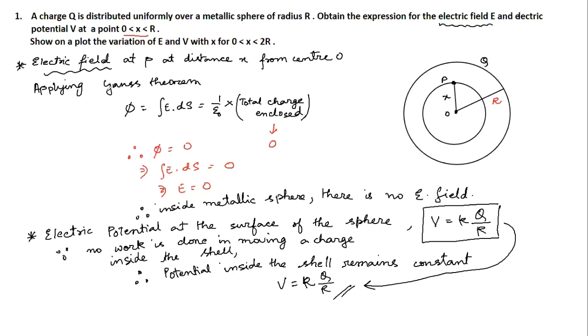Now we have derived the electric field value, and we have also derived the electric potential value at 0 less than x less than r. Now we have to see how the electric field varies with x. For this case, it is again 0 less than x less than twice r. We'll be finding out that part.